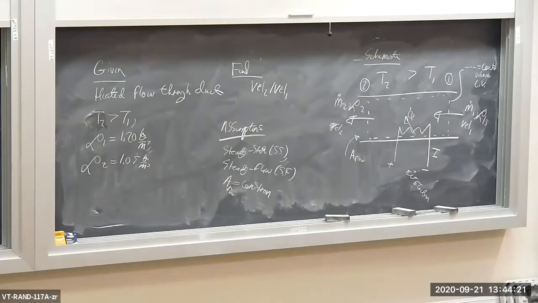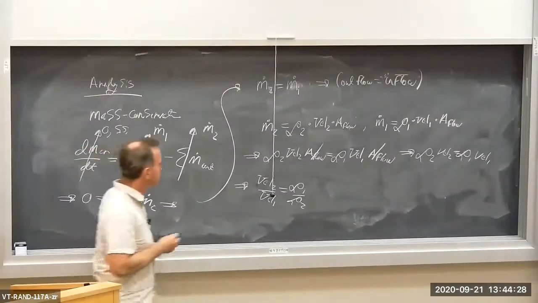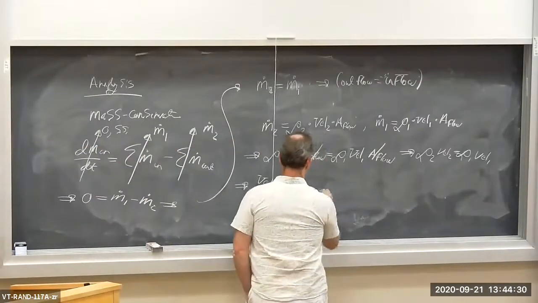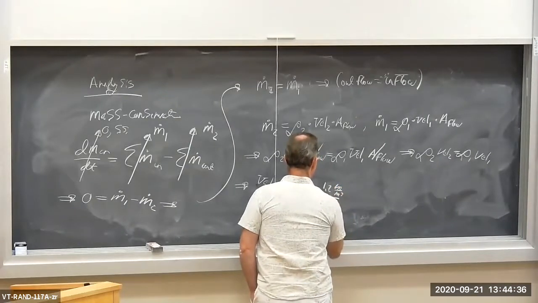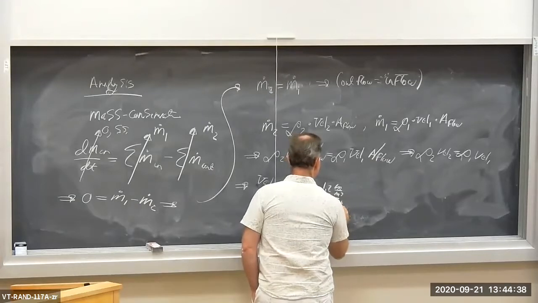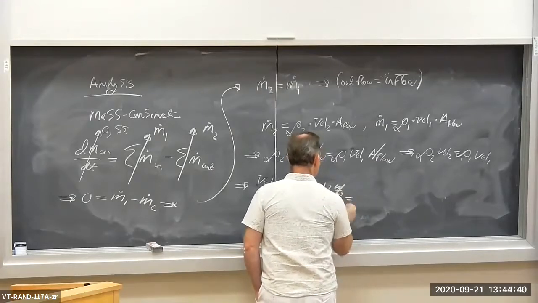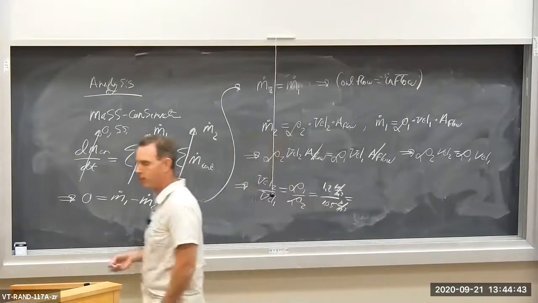Let's plug in some numbers here. The inlet and outlet densities are 1.2 kilograms per cubic meter and 1.05 kilograms per cubic meter. Kilograms per cubic meter cancel out, and we get a dimensionless number.